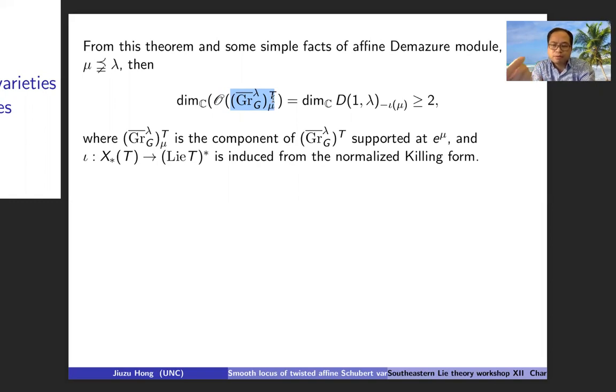The mu is dominated by lambda, right? So this is the component supported at e^{mu}, and this component of the scheme has a non-trivial, non-reduced structure. If you take the coordinate ring, it turns out it is just the weight space of the affine Demazure module, with weight given by the map from coweights to weights.